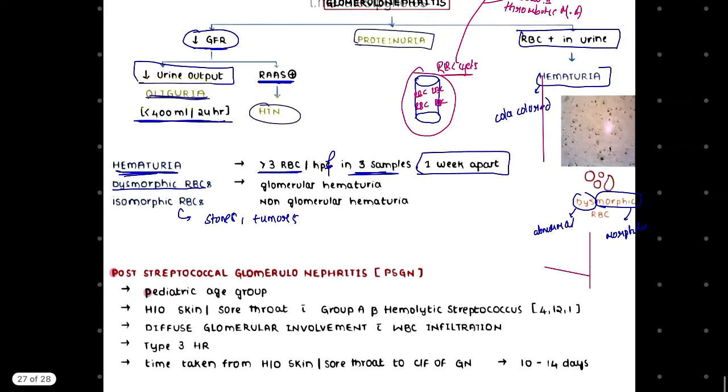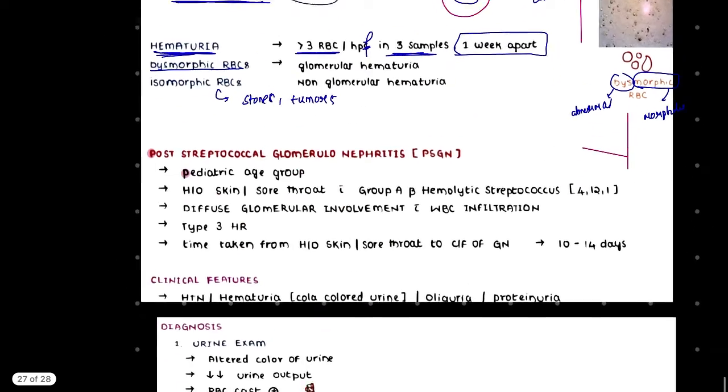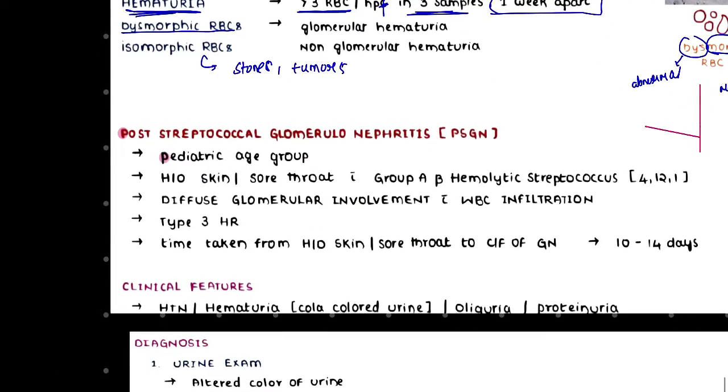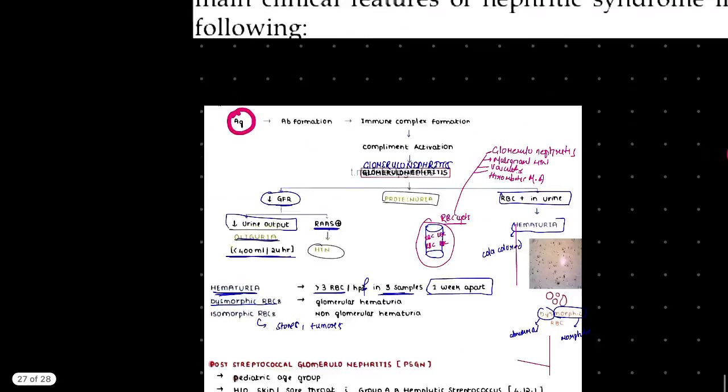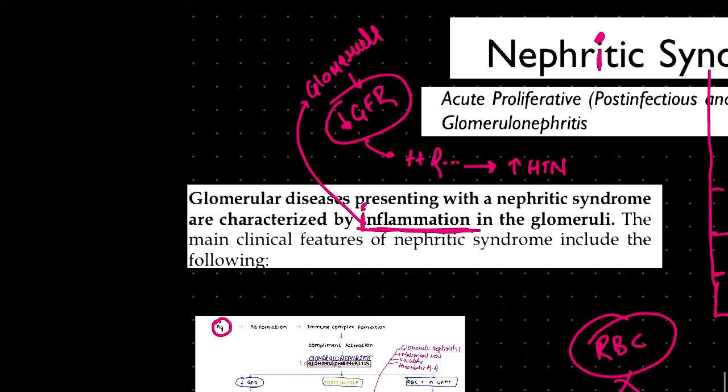Now moving further, let us move to post-streptococcal glomerulonephritis. We are studying this under acute proliferative. Now what is acute proliferative? Acute means for a short duration of time, and proliferative means just growing.